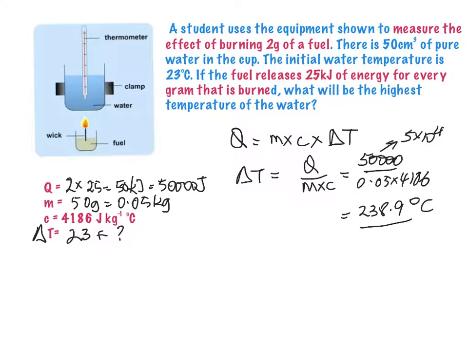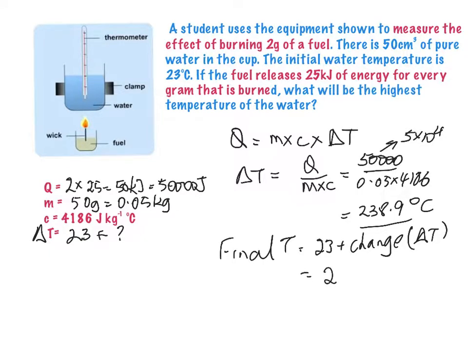We've worked out what the change is, so now final T is 23 plus the change, or delta T, and so that would give us 261.9 degrees C. Quite warm, as you can see, for 2 grams of fuel. So a lot of energy comes out of fuel at the time.